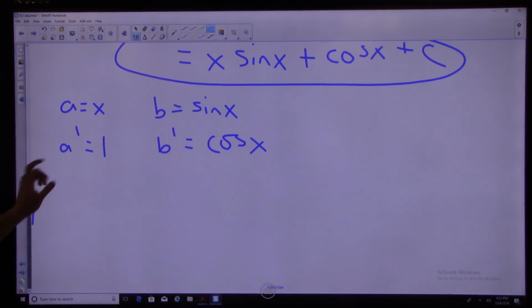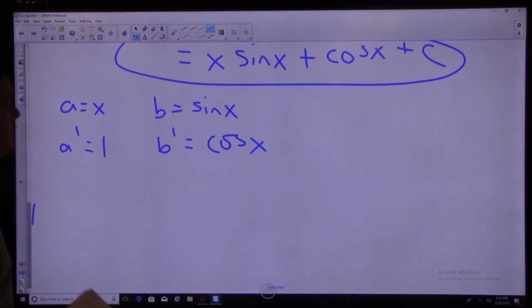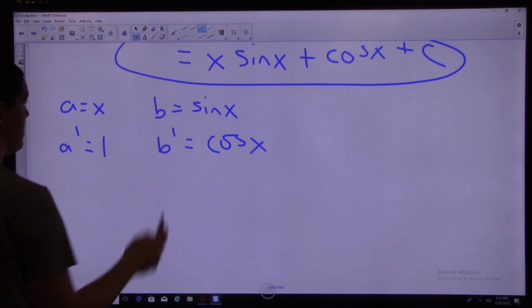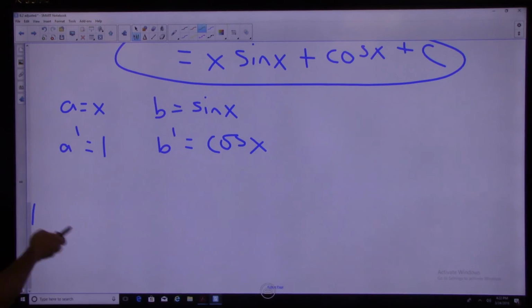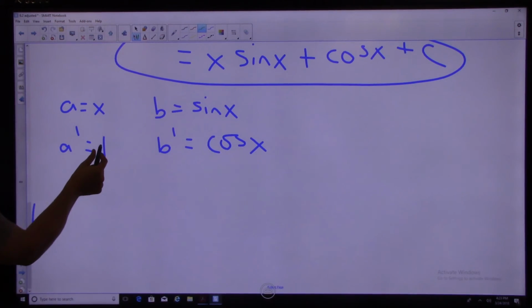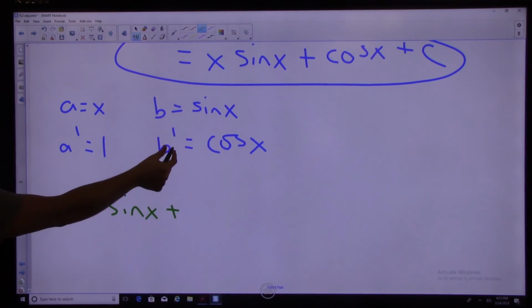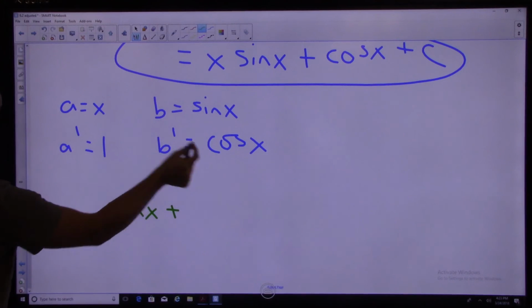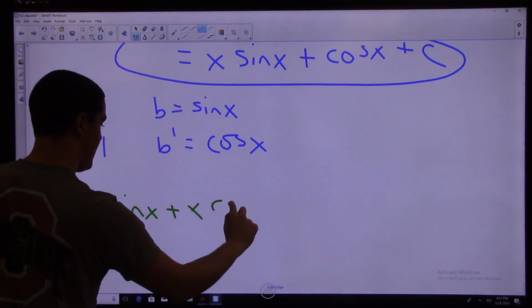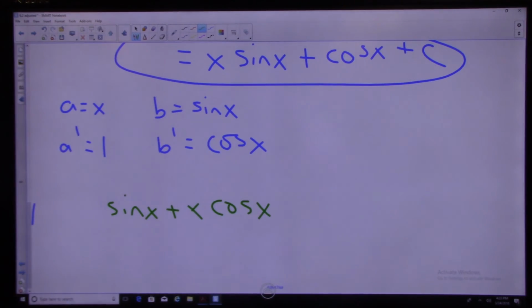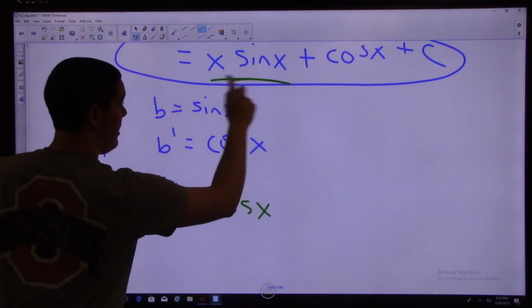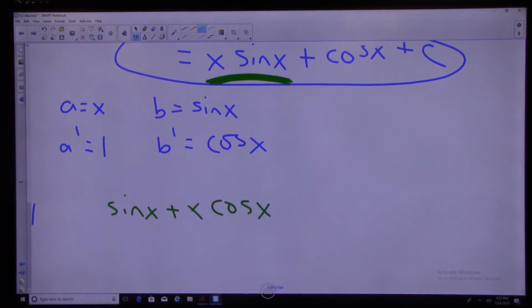So the derivative of x times sine x is a prime b, which is 1 times sine x, which is sine x, plus b prime a, which is cosine x times x, which is the same thing as x cosine x. Is everybody with me? That was using the product rule here.